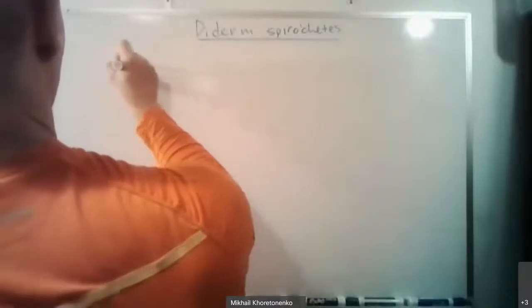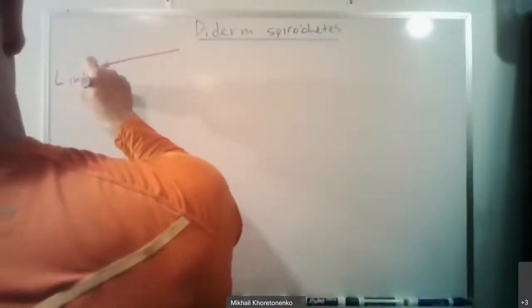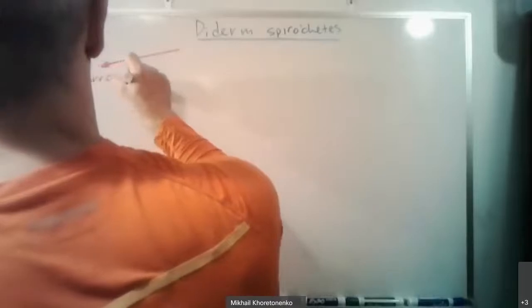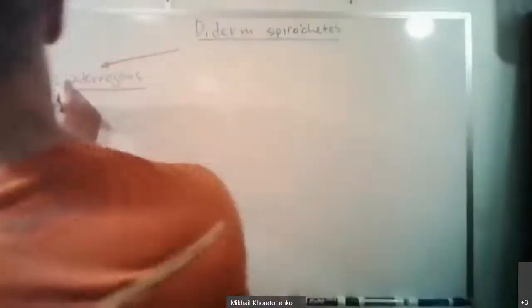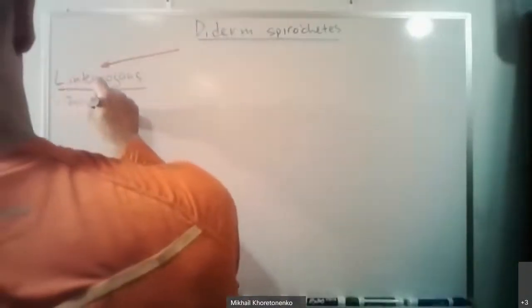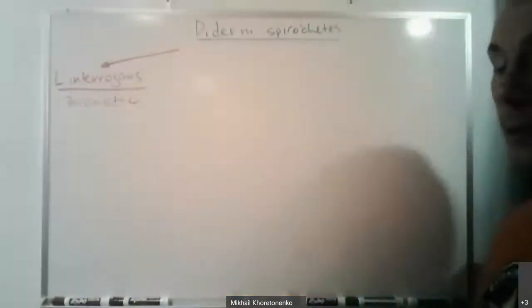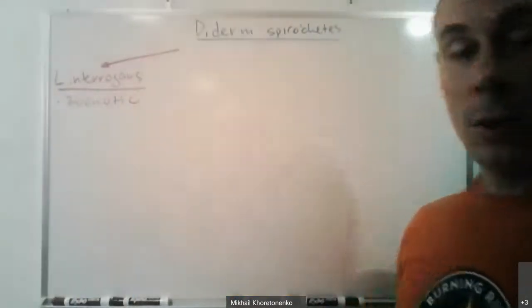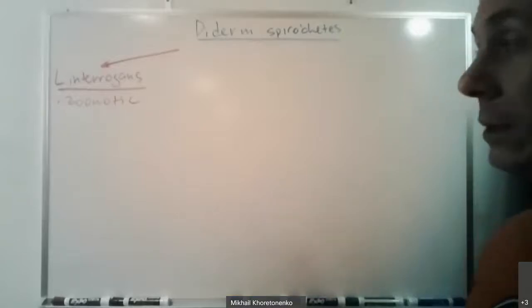So first microorganism in that list is Leptospira interrogans, which is a zoonotic cause of the condition known as leptospirosis. So zoonotic transmission occurs when a person gets in contact with the feces or urine of mostly infected dogs.